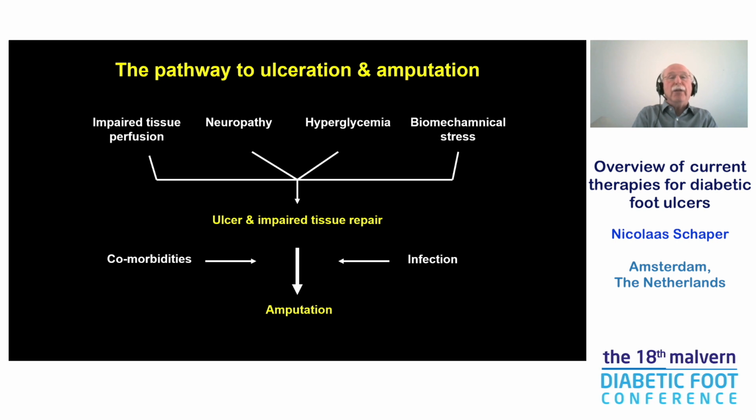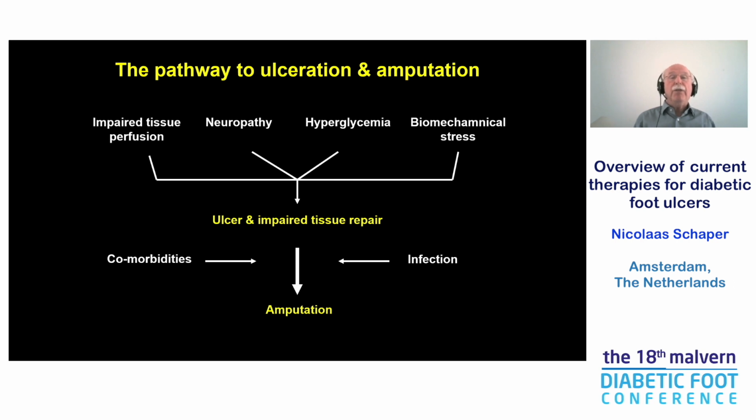Neuropathy is usually there, together in many patients with impaired perfusion, and biomechanical stress resulting in an ulcer with impaired tissue repair because the patient continues walking on the insensate leg or foot.